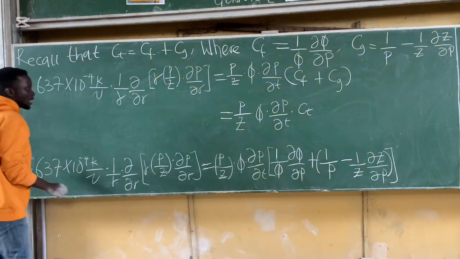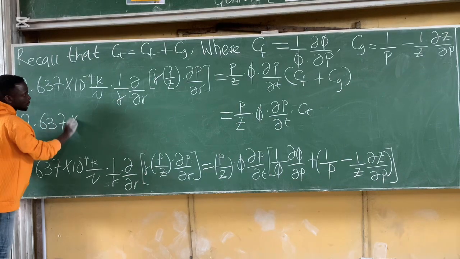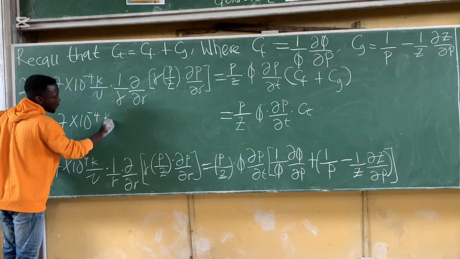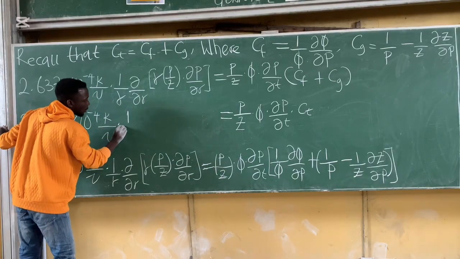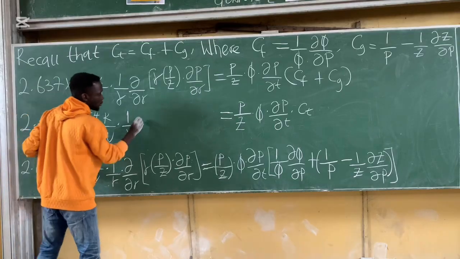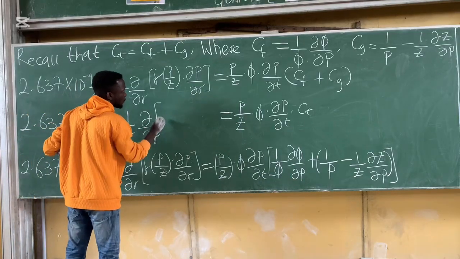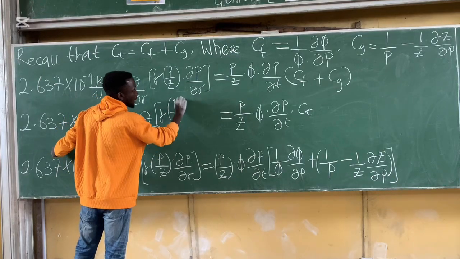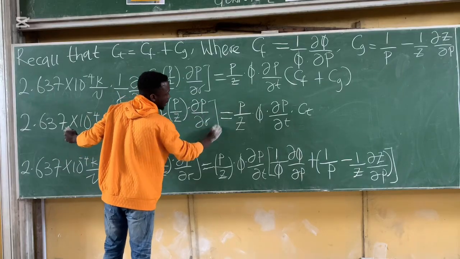Then write out the left hand side, which is 2.637 times 10 raised to the power of minus 4k over mu times 1 over r, d/dr of r times p over z dp/dr.